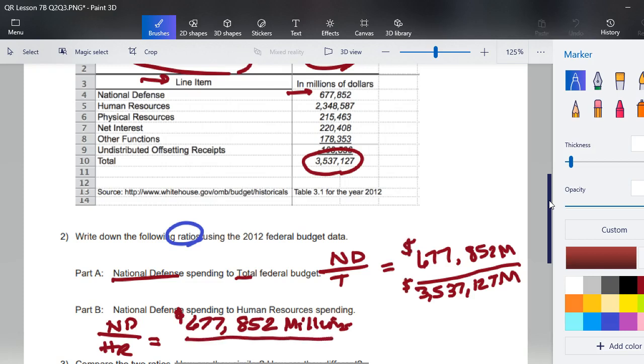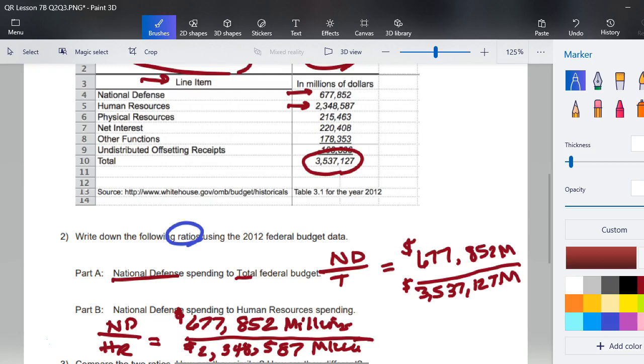That's supposed to be compared in a ratio to human resources. And human resources would be right here, which is 2,348,587 million. And that's all they wanted us to do, is to write these two as ratios.